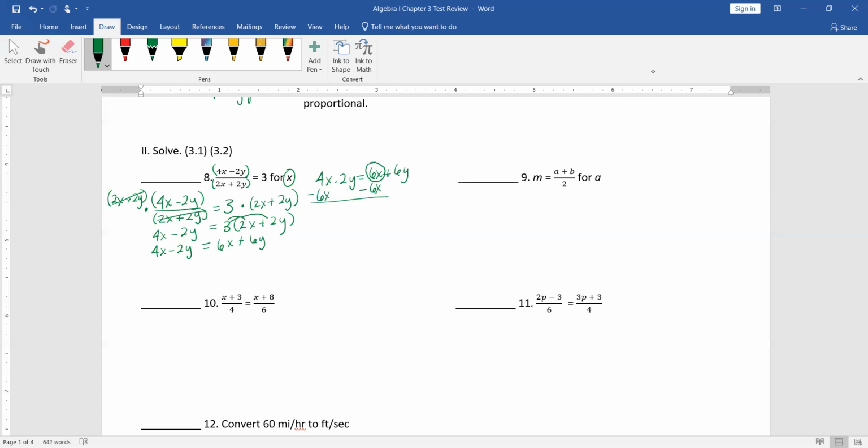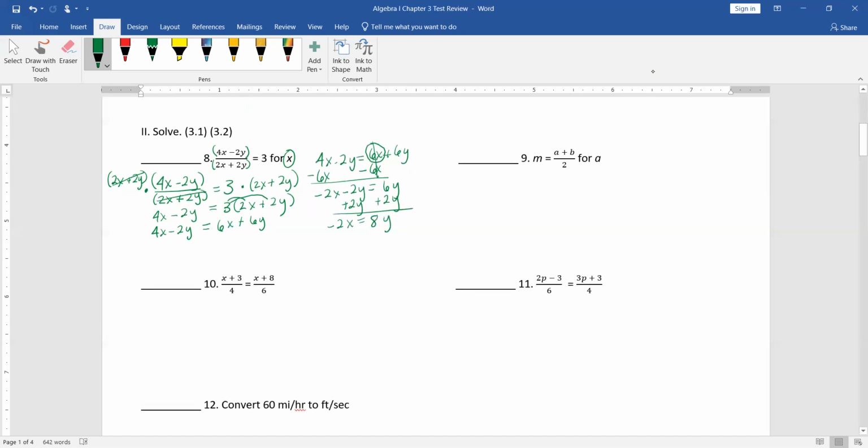And 4 minus 6 is negative 2x minus 2y equals, that's been canceled out, 6y. Now I can move my negative 2y to the right side of my equal sign. So we add 2y to both sides. Remember to carry the whole expression. And so we're left on the left side with negative 2x equals 6 plus 2, so 8y.